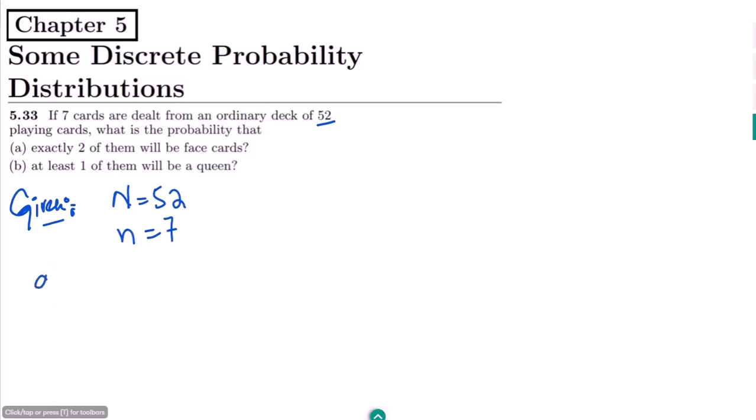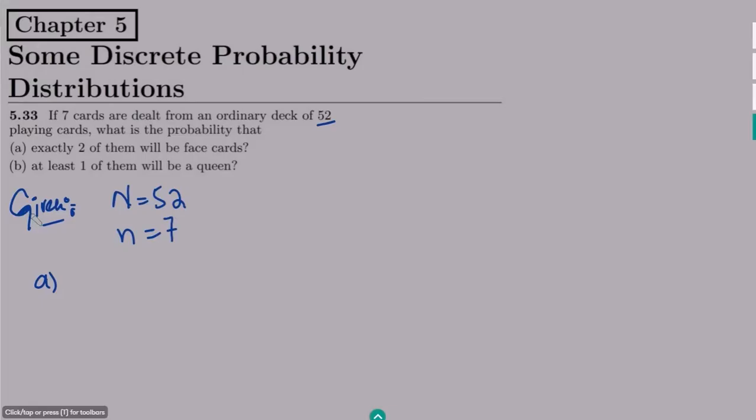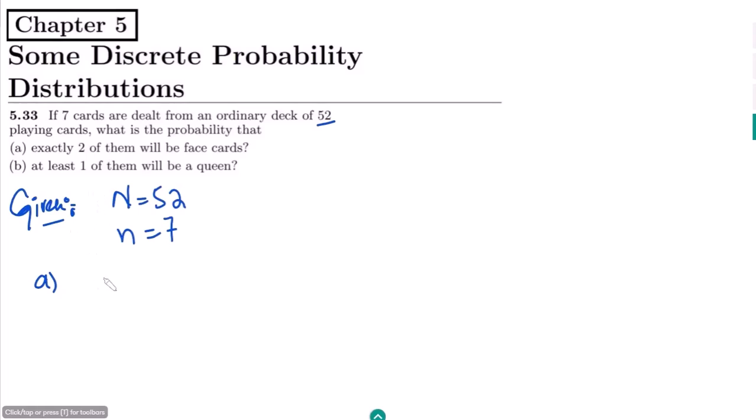In part A, we have to see that exactly 2 of them will be face cards. How many face cards are in the deck? There are 4 jack cards, 4 queen cards, and 4 king cards.